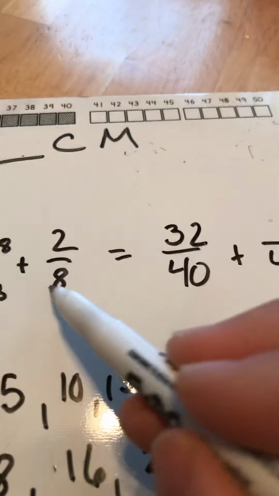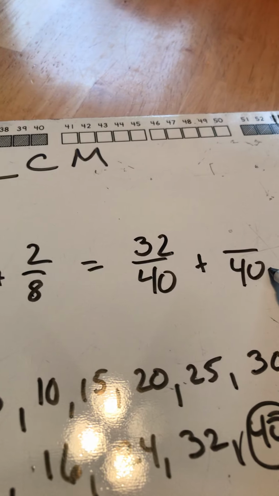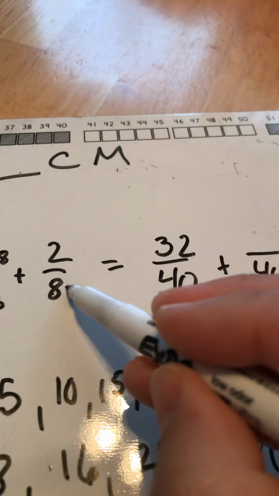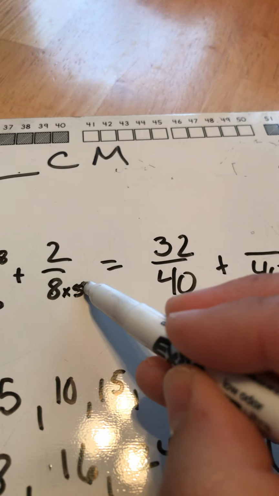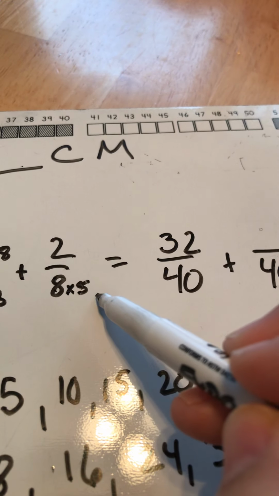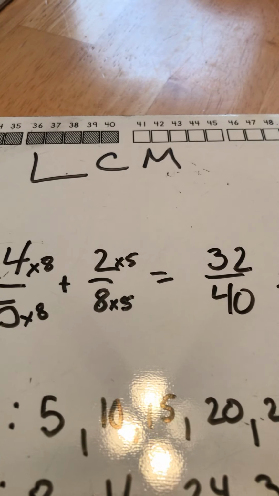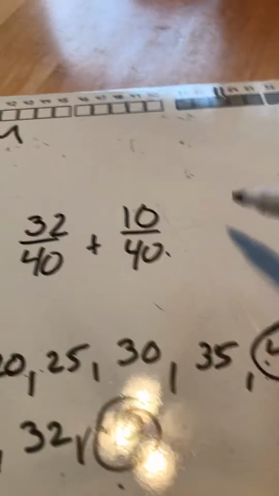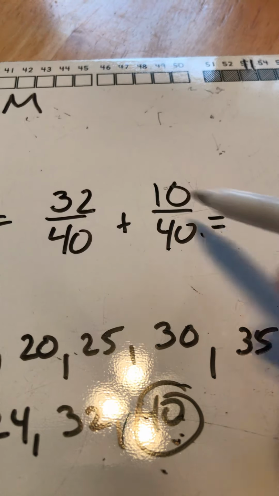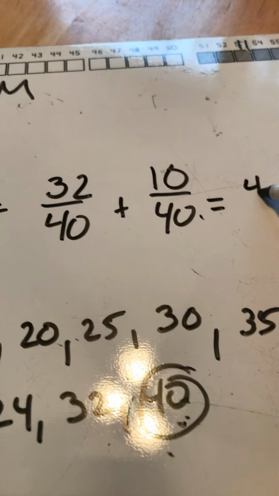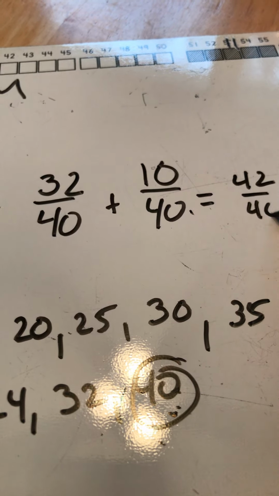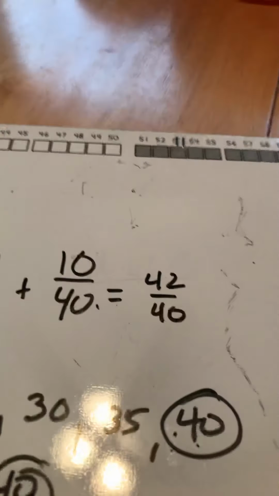And same thing over here, what times 8 equals 40? Well, that's times 5. So whatever we do to the bottom, we have to do to the top. 2 times 5 is 10. So when we answer this question, we're going to add this up. We get 42/40ths. And this is again from our work last week.